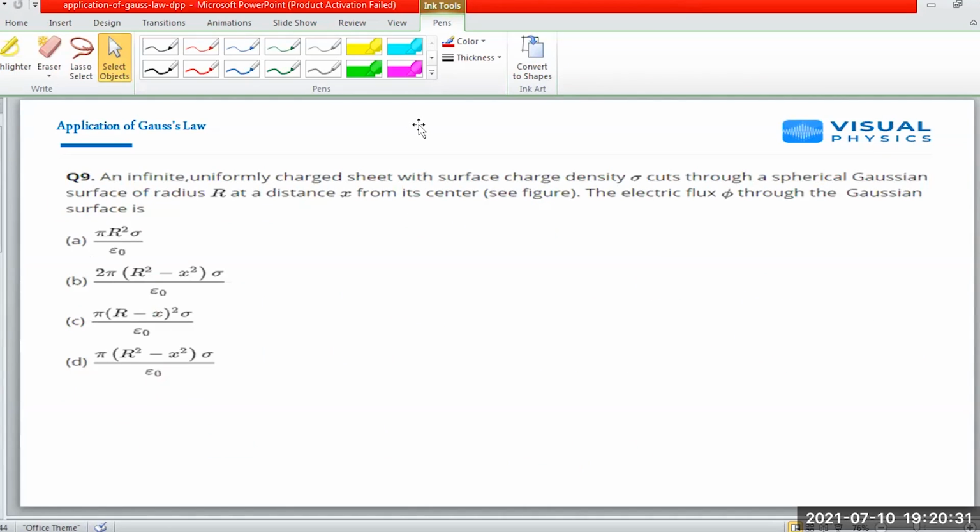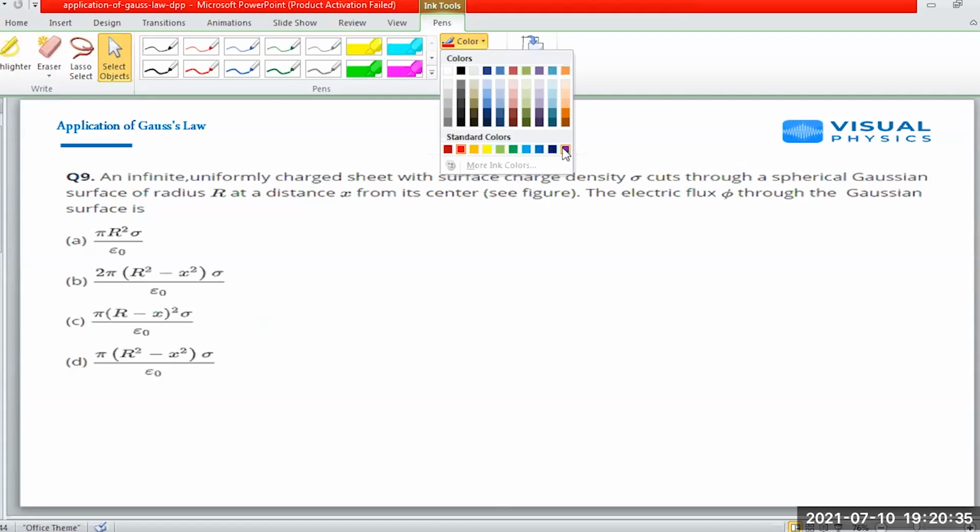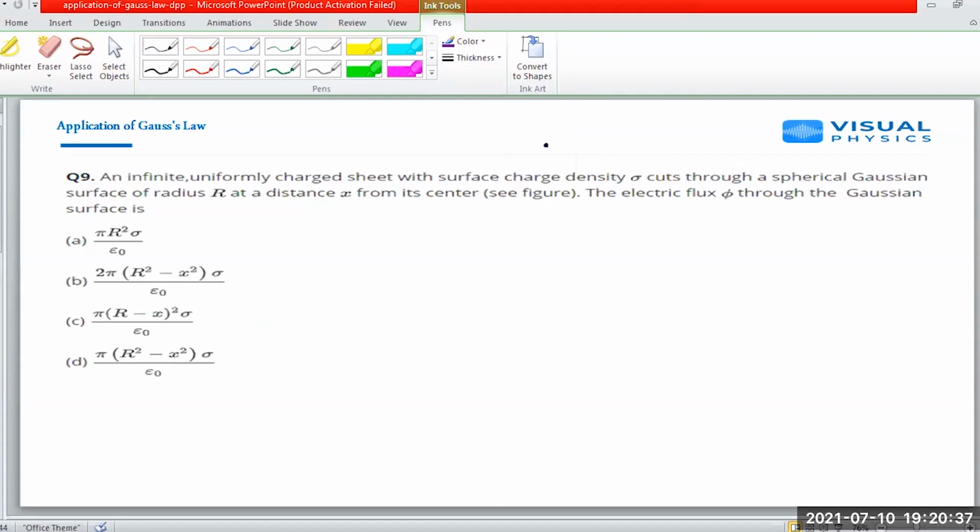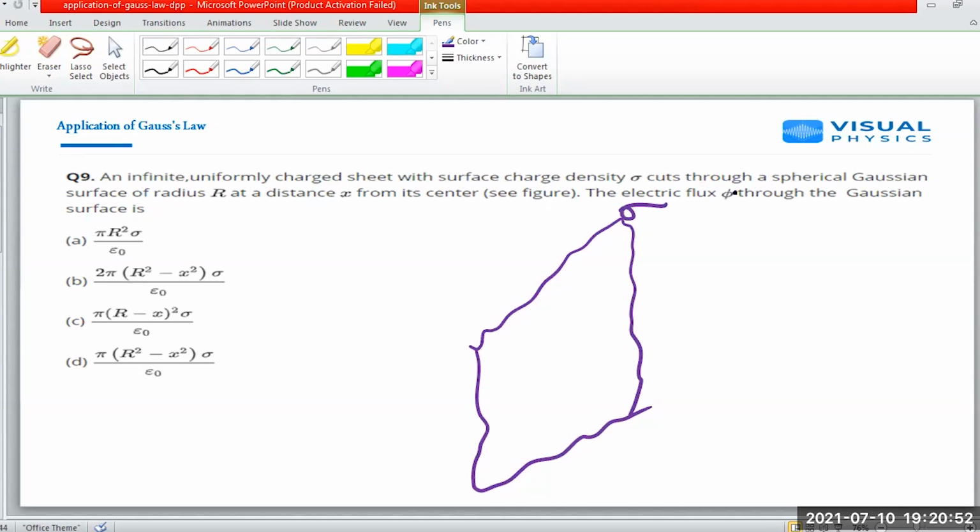Question number 9. 9 and 10 are similar, so I am solving 9 for you. For 10, you can do on your own. An infinite uniformly charged sheet of surface charge density sigma cuts through a spherical Gaussian surface of radius r.